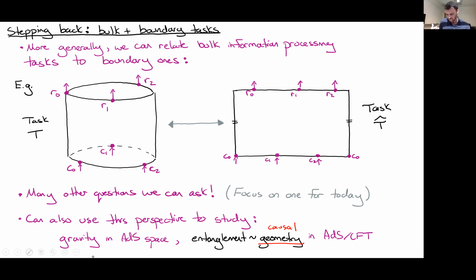And closely related to that, if you combine the statements that you get here relating entanglement and causal features of geometry with the Ryu-Takayanagi formula, which relates entanglement to space-like surfaces in the bulk geometry, then you end up with just geometric statements about AdS space, right? Relationships between extremal surfaces and light cones.